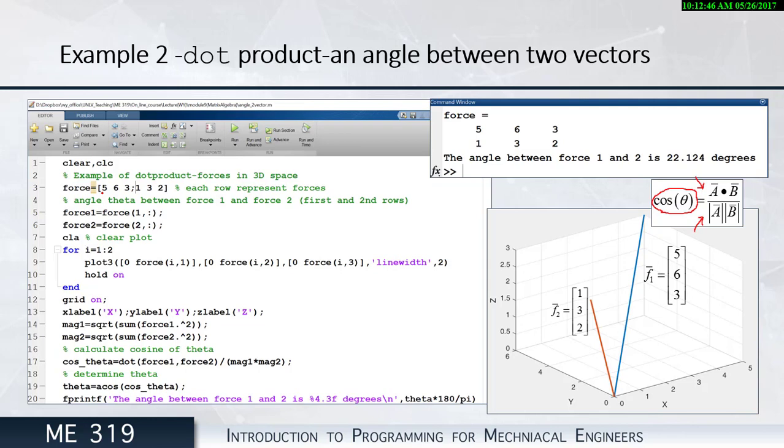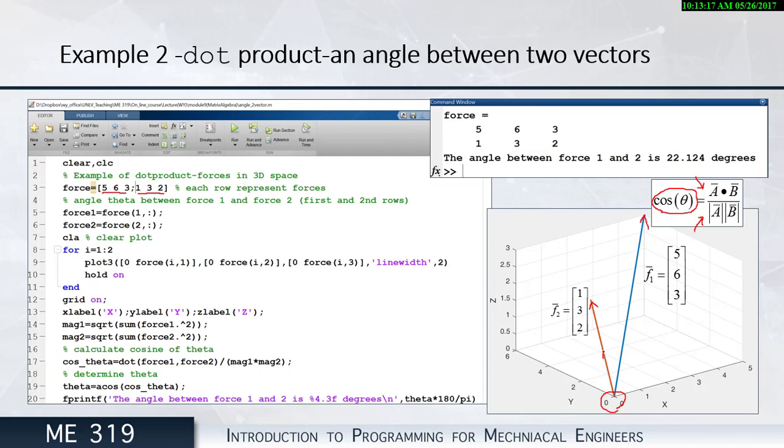The two force vectors are stored in the matrix force, and each row is force 1 and force 2. So here this is force 1, this is the origin, and this is force 2, which is stored in the second row.